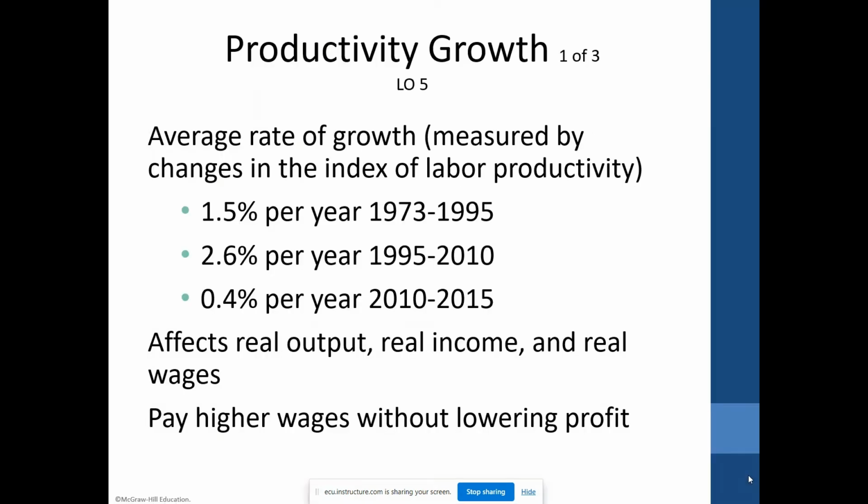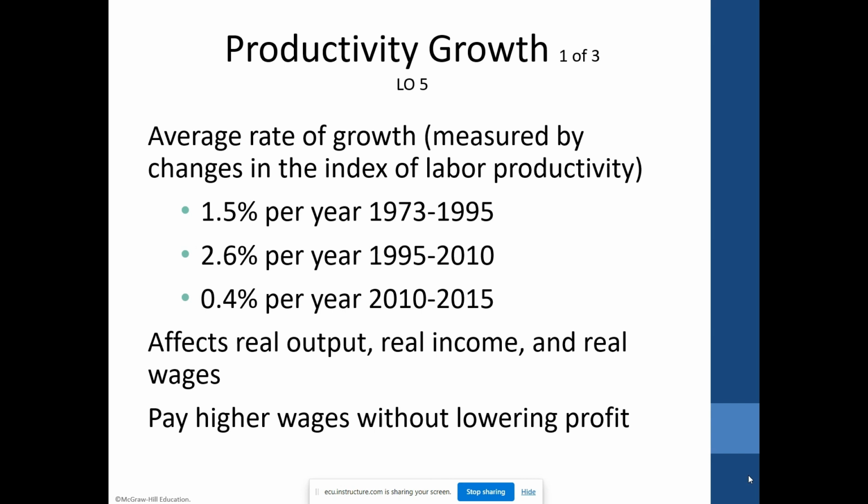As measured by changes in the index of labor productivity, the growth rate doubled from 1995 to 2012 compared to 1973 to 1995. Economists relate the increase to the significant wave of new technology and global competition.